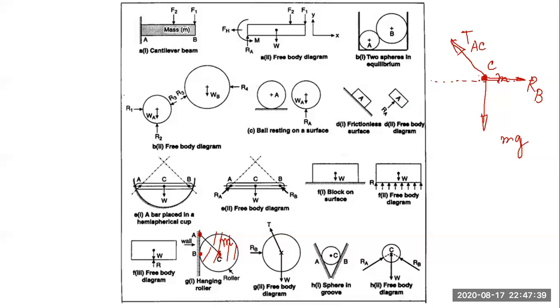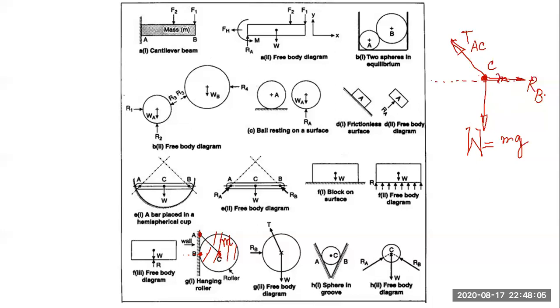The reason is that mg is the weight of the point mass acting downward, and we are sure that if the mass m is giving a physical contact here, the wall gives a minimum reaction, and it will be towards B to C only.